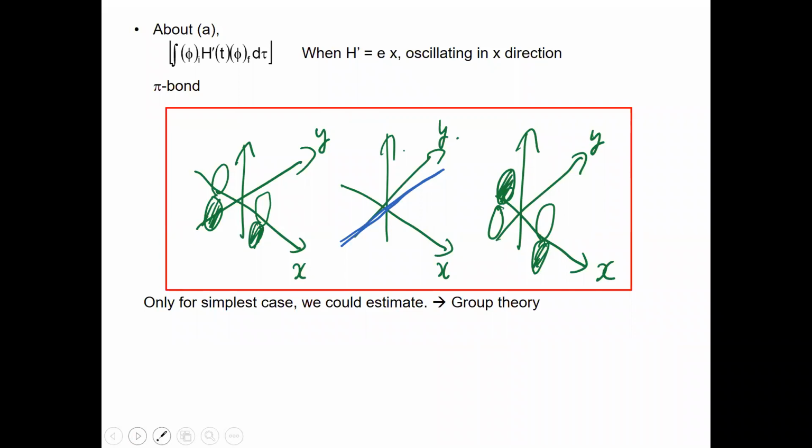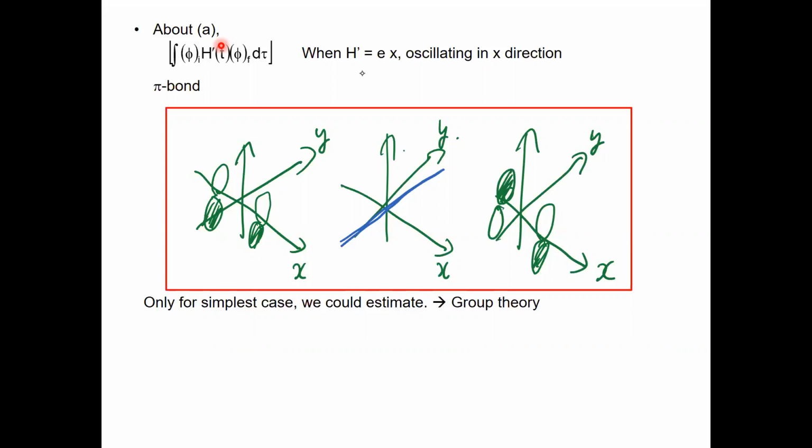And finally, the most important term which we have discussed is the A term, which involves the wave functions of electrons, initial and final, and a Hamiltonian. It's a perturbation Hamiltonian due to the light irradiation.